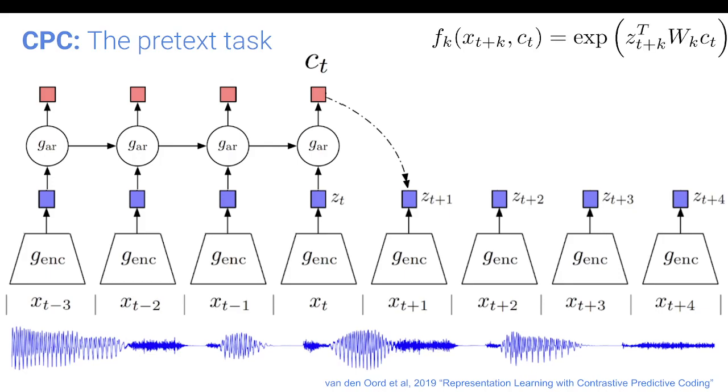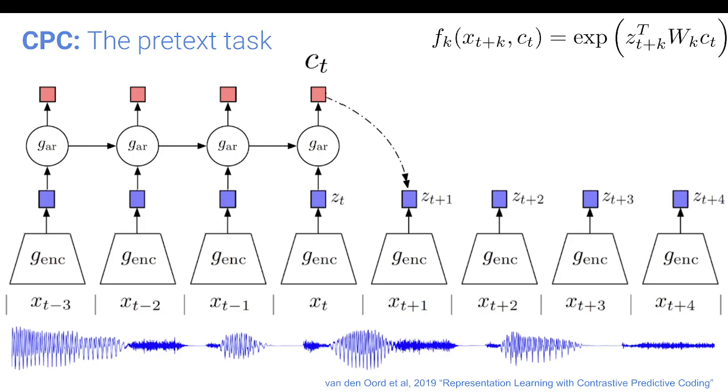The scoring function F here is just the log bilinear relationship between the ZT plus K and the CT, where K here is just the distance. So in the case of distance 1, you want to bring closer together the context vector CT and the input representation ZT plus 1. Notice that we have different W's for different distances K.